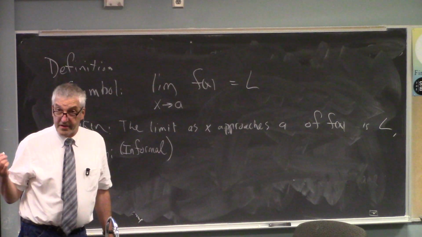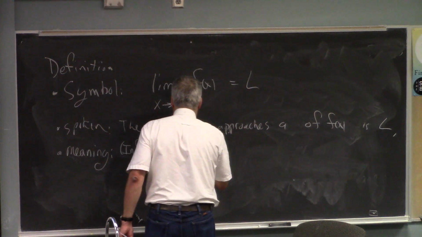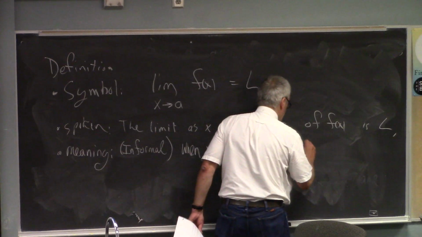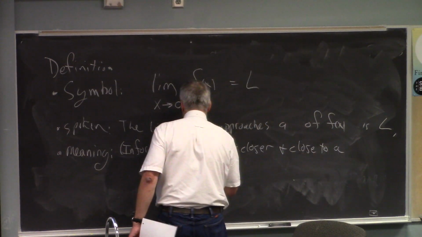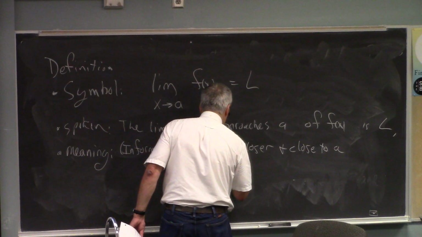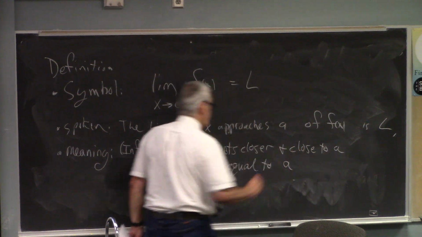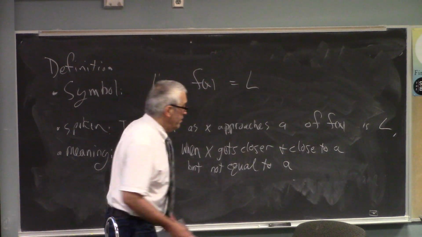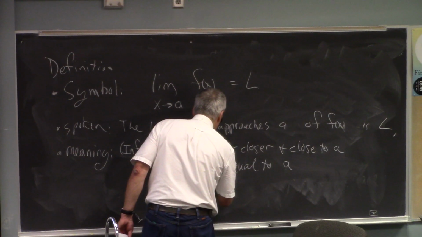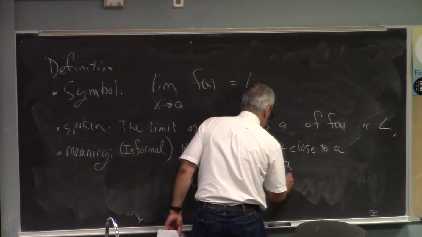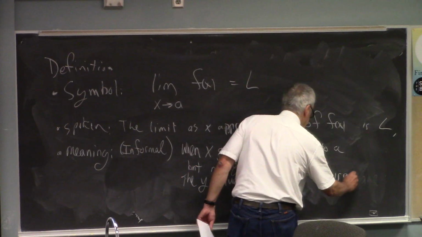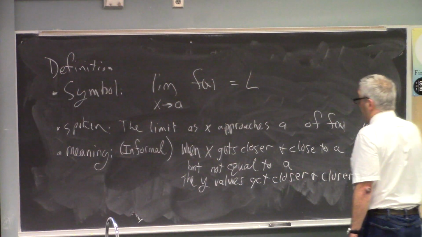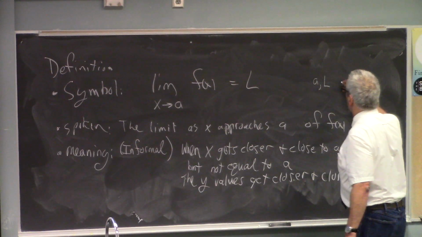As x gets closer and closer to A, but not equal to A, the values of f of x, that is the y values, get closer and closer to L, and they may actually equal L. Now, in this definition of limit from section 1.3, I should have said that A and L are real numbers.